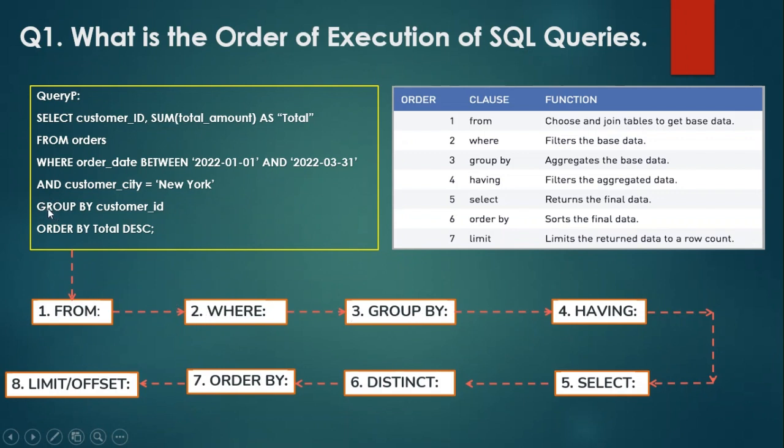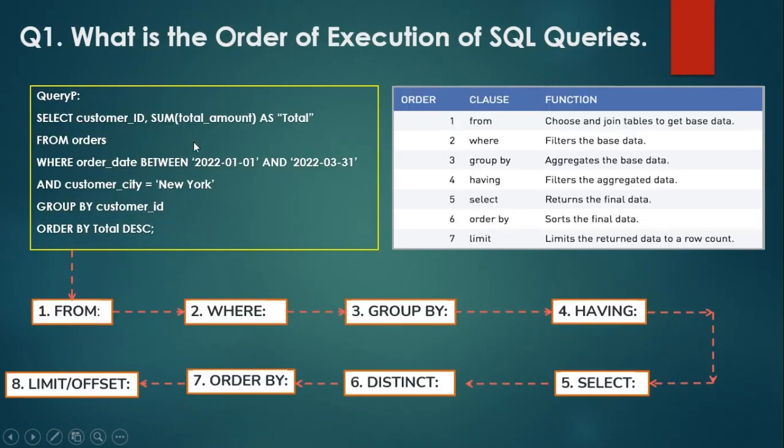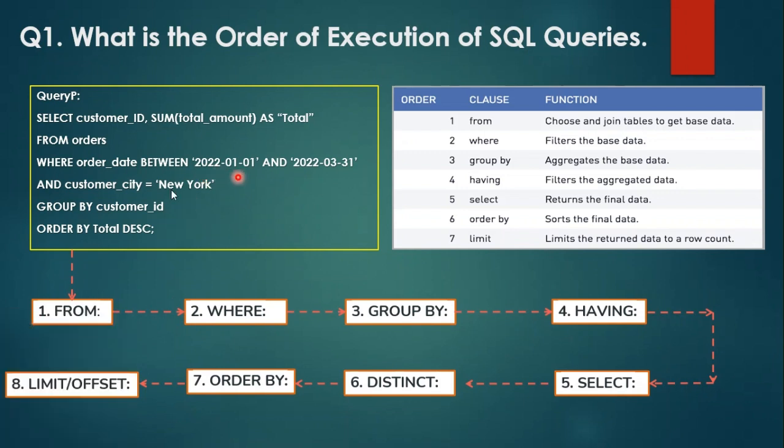Then it will go for the group by clause. The group by clause will be executed and it will group the data based on the customer ID. Once that is executed, it will go for the next level. After that, it will go for the having clause.